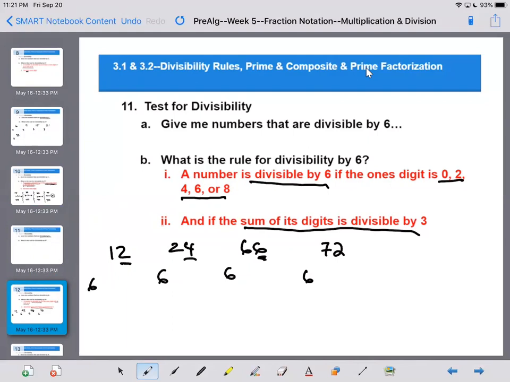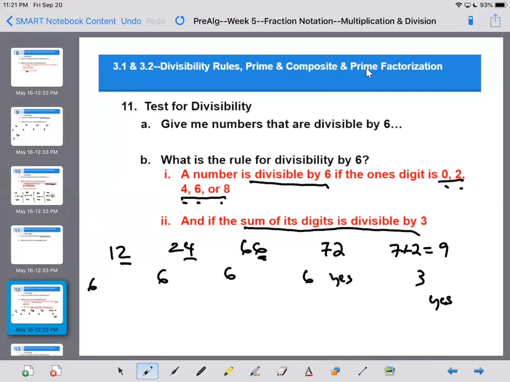If you look at 72, we think, well, 7 plus 2 is 9. Is 9 divisible by 3? Yes. Does 72 end in 0, 2, 4, 6, or 8? Yes.